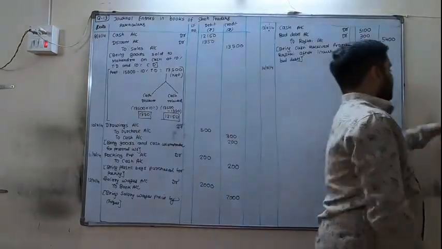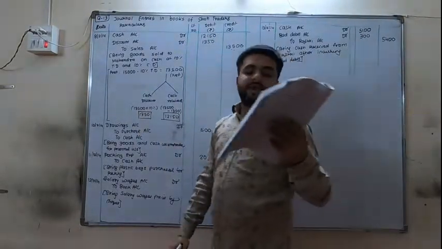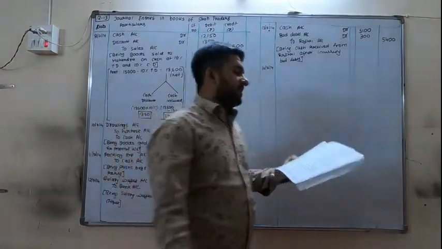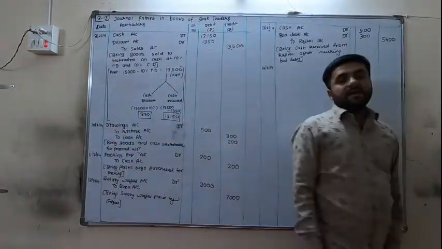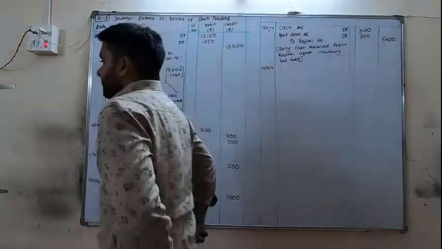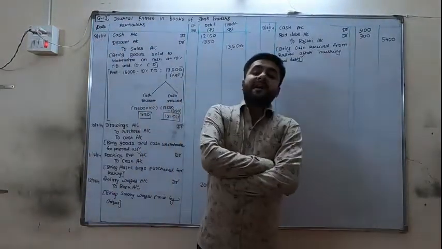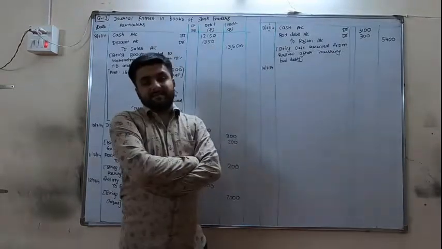14/7/14. Next. Due to additional requirements of funds, a 12% loan of 25,000 obtained from Axis Bank. Normally the entries we have written for a loan are that whenever we are taking a loan, cash is coming in and the name of the loan should be credited.